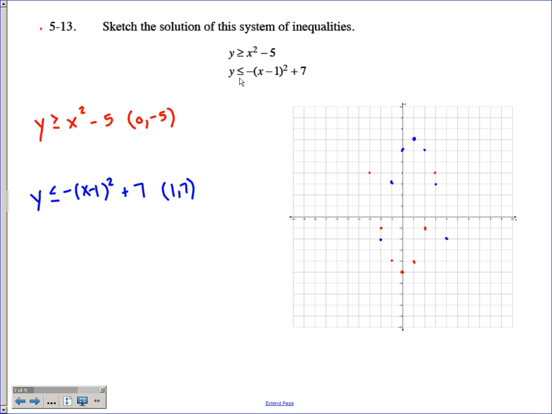Now because both of these parabolas in their inequalities have equal signs, I'm going to be able to draw in my parabolas, and they're going to be solid. So let's do that right now. I'm going to graph, and I apologize if these aren't real straight or real perfect.